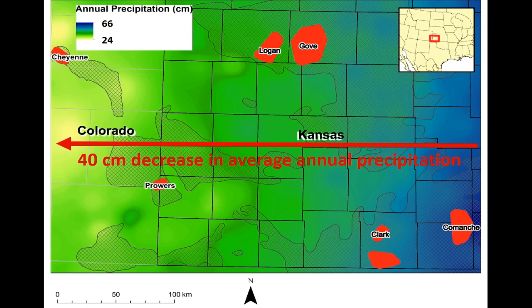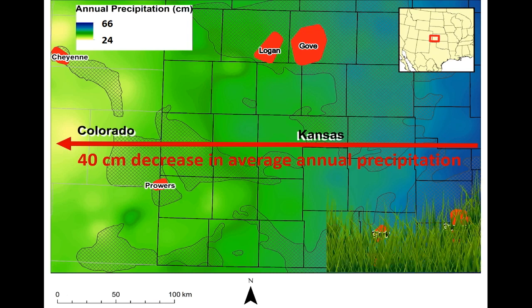I'm going to back up a little bit, but these red blobs, these are minimum convex polygons, and these are study areas where we have captured and marked lesser prairie chickens with VHF and GPS transmitters. We monitored them from 2013 to 2016, and we're going to use that data to really inform the information that I'm providing you today.